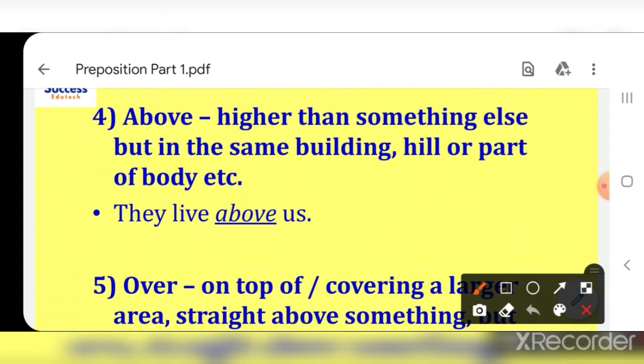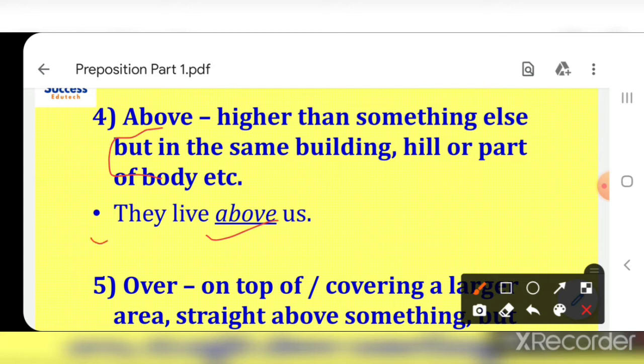But the difference here is it is in the same building, hill, or part of body, etc. So, generally, when we speak about our neighbors or the people who are living in the same building, that means the residents of the same building, we use above, and the opposite of it is below.